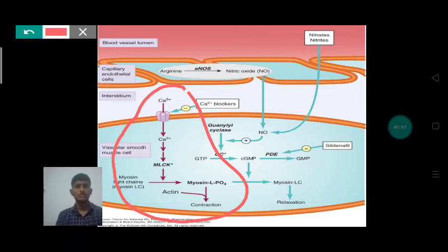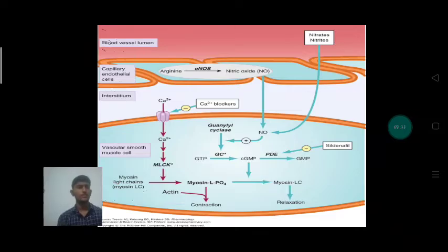After the entry of calcium, there is a combination of actin and myosin, and by this combination the contraction of the heart muscle occurs. When the calcium channel is blocked, the entry of calcium into the cell does not occur due to the inhibition, so there is no contraction of the muscles.